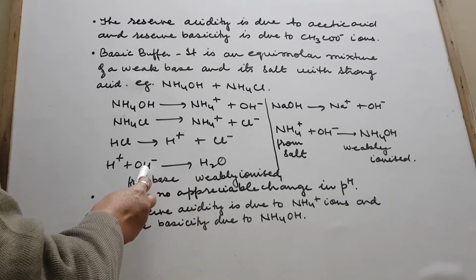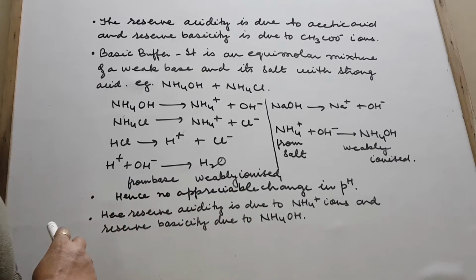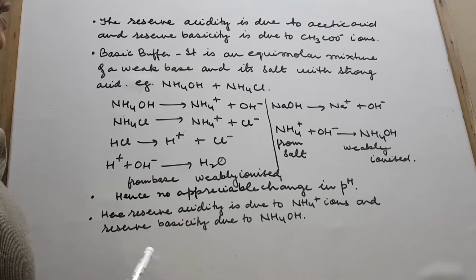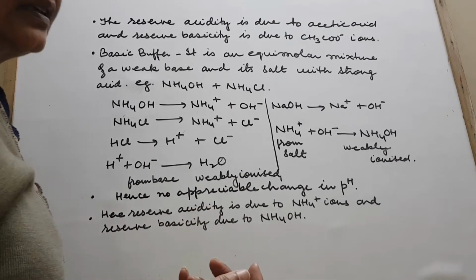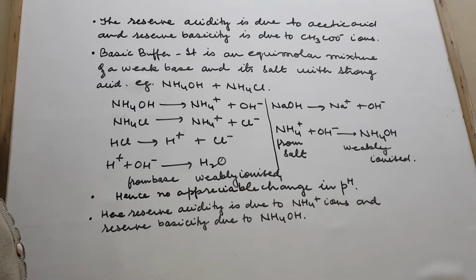Hence there is not much significant change in pH because water itself is weakly ionized. As we had seen in the last video also, pure water is a non-electrolyte, just a polar covalent compound, but when some ions are present, it starts behaving as a weak electrolyte.